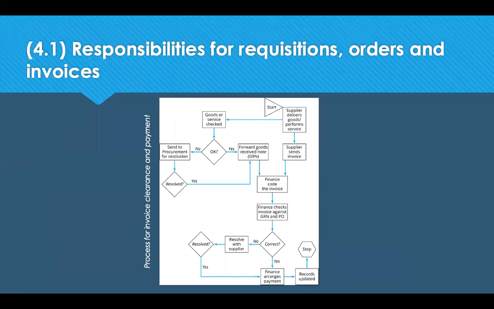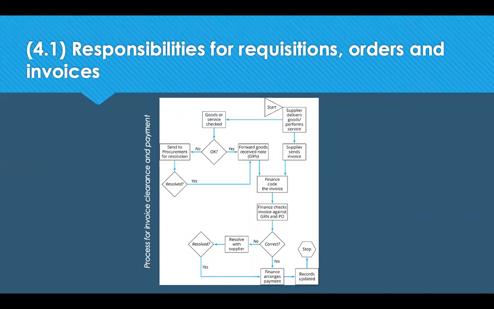So here you can see the process for invoice clearance and payment. It starts with the supplier delivering the goods or performing the service. Off to the left, it checks to see whether the goods have been received and that they're okay. If they are, then a goods received note goes to finance. If it isn't, procurement then resolve the issue. But on the other side, the supplier will send the invoice, which goes into finance.